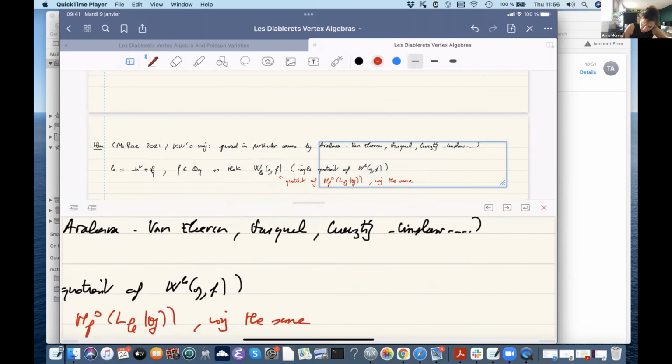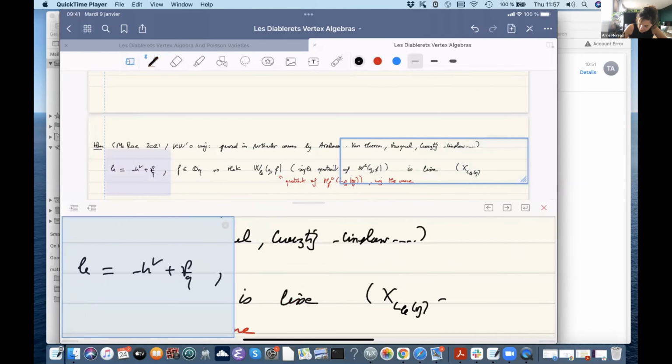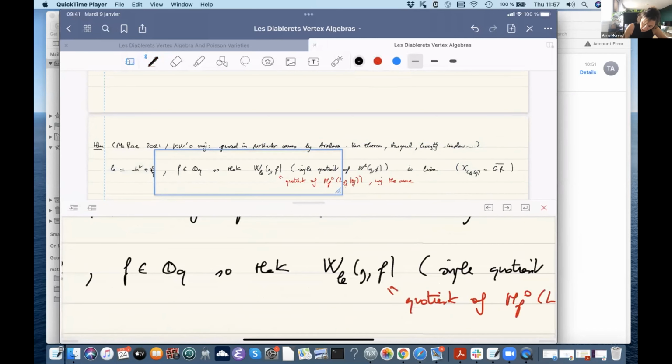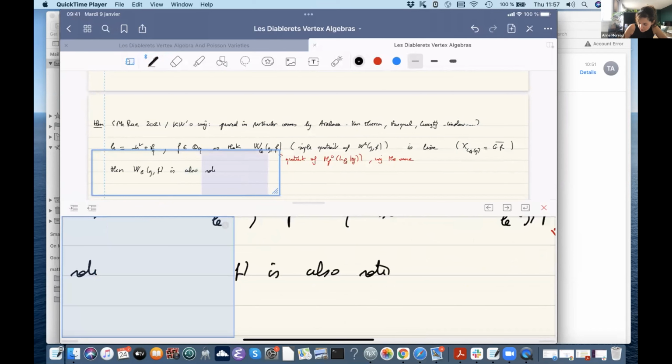If we have F exactly in O_q, this one is Lisse, because the associated variety of this one is precisely the orbit closure of F. All right, and if it is Lisse, then it is also rational.